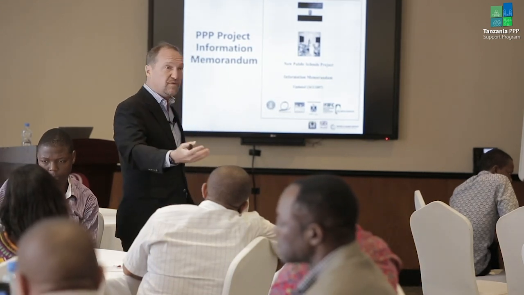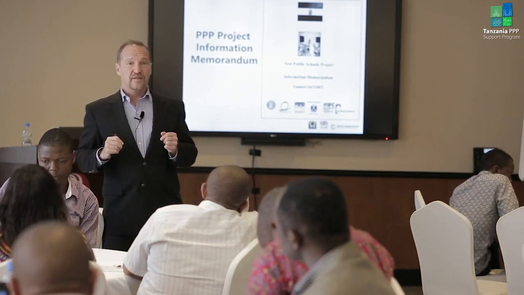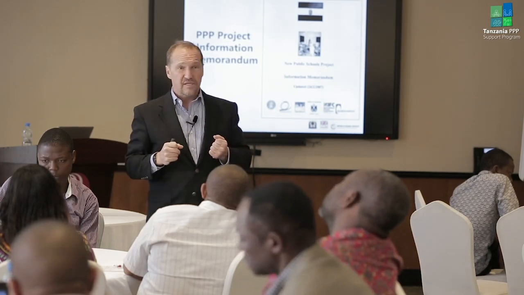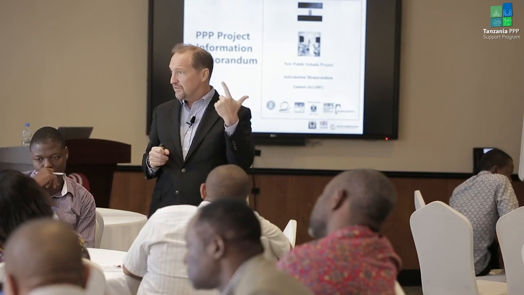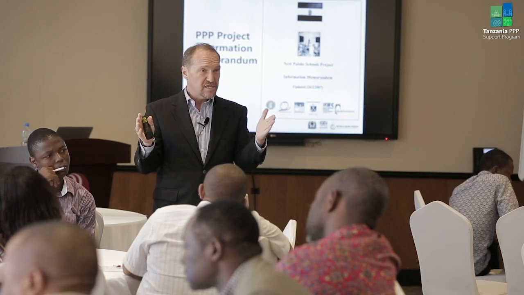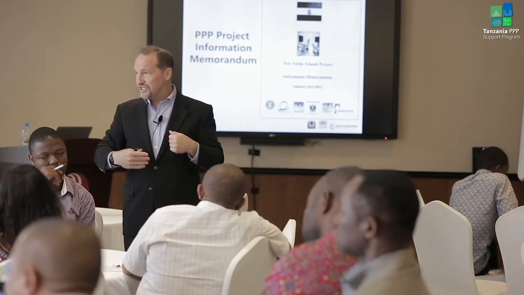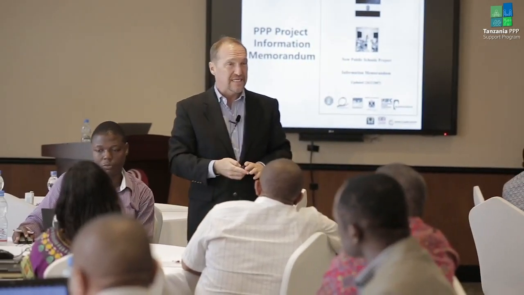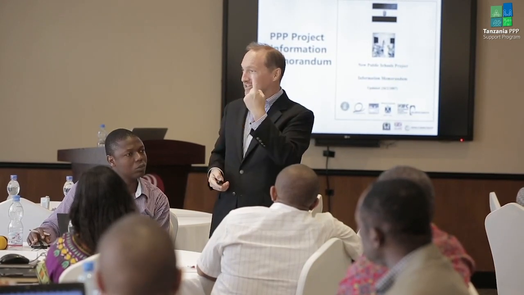Let's say you had a PPP where the private partner, and oftentimes in schools, these are done on an availability payment basis, designs and finances schools, builds them, and maintains them for 15 to 20 years, and receives availability payments from the Ministry of Education or whoever the education authority is. And the teaching of students, the curriculum, the teachers, the administrators, that's all the public education system.